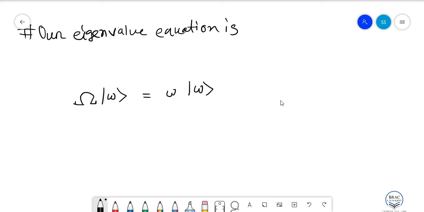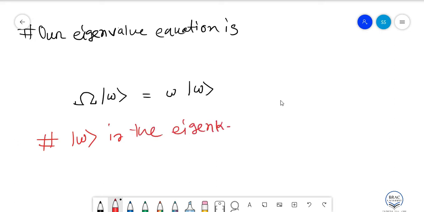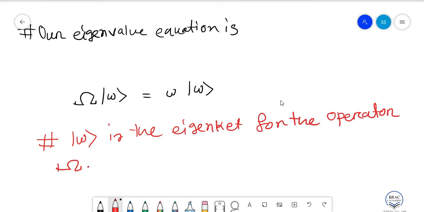Notice that this ket is the eigenket for the operator omega, because if you take another ket, let's say A, and it doesn't get rescaled after you apply this operator omega onto it, it might get transformed into this A prime.